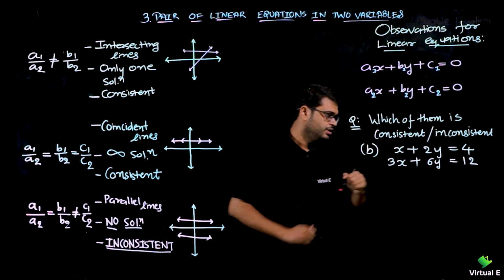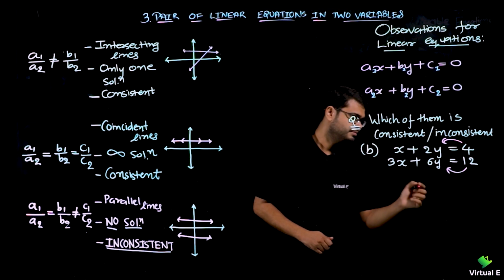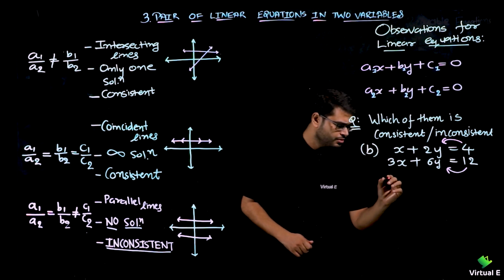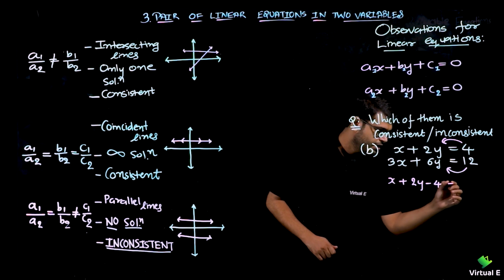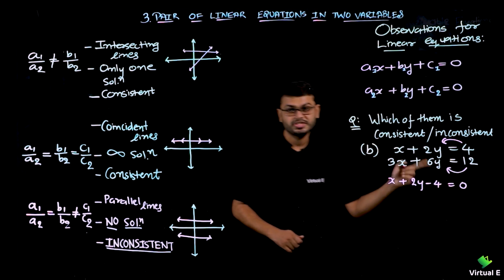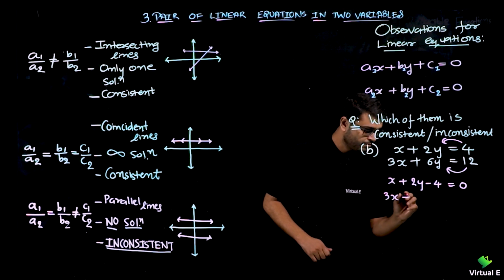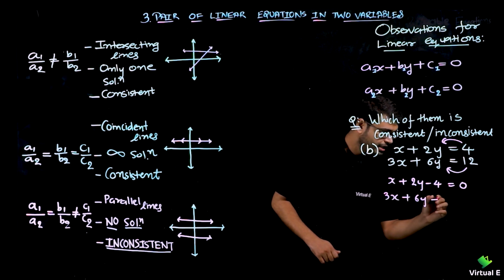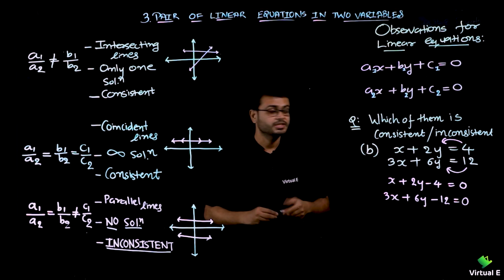So if I shift this 4 over here and 12 over here, let me rewrite. So x plus 2y minus 4 is equal to 0, RHS 0, standard form, and 3x plus 6y minus 12 is equal to 0, RHS 0, so standard form.